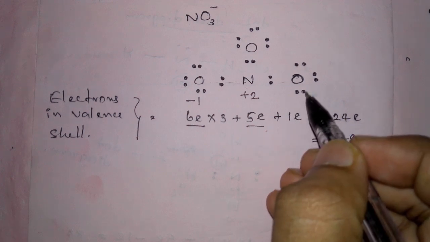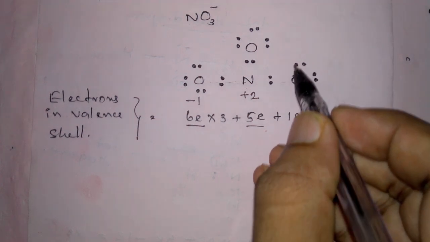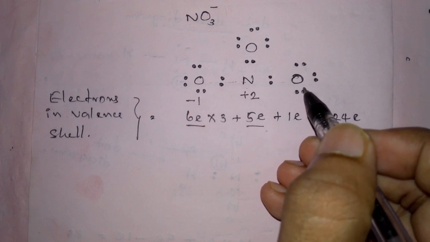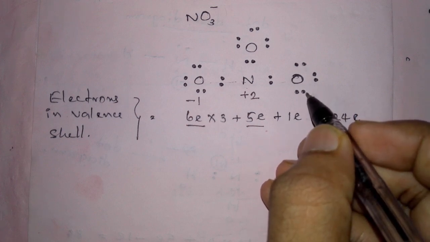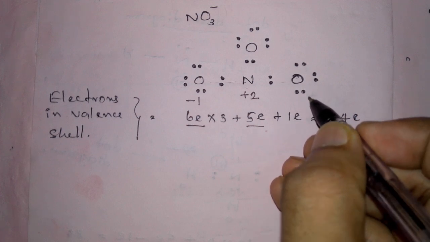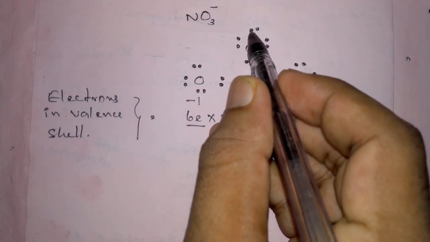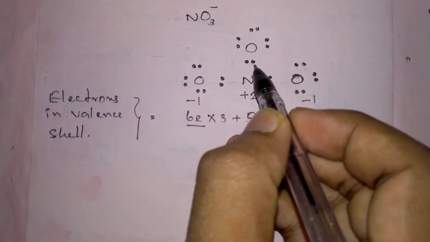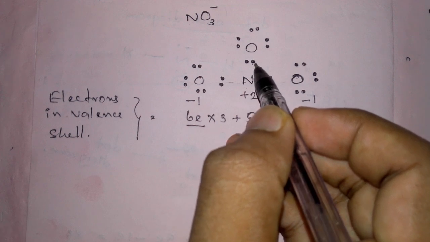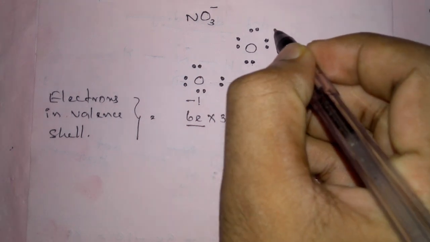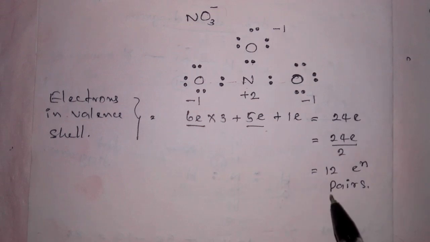This oxygen, 1 2 3 4 5 6 7, so it has gained an electron. When an electron is gained by an atom, it should gain -1 charge. This oxygen also, 1 2 3 4 5 6 7, it also has gained an electron, so it also should have a negative charge like this.